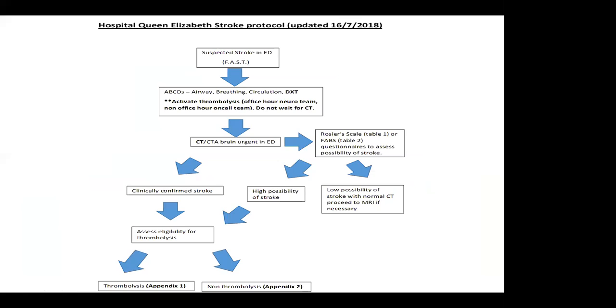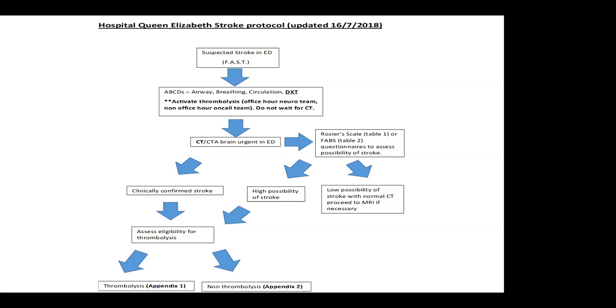Then we move on to the ABCD assessment, which includes airway, breathing, circulation, and DXT. Then we activate the thrombolysis. Office hours and non-office hours will be to the neurology team now, and we do not need to wait for the CT scan to activate thrombolysis. Then we proceed for an urgent CT or CTA brain in the ED.